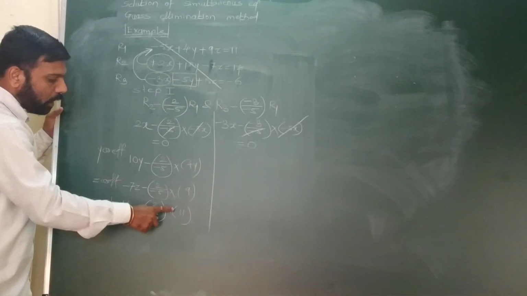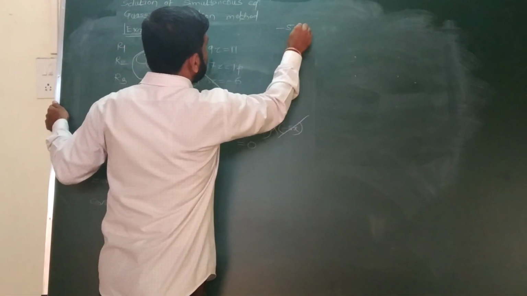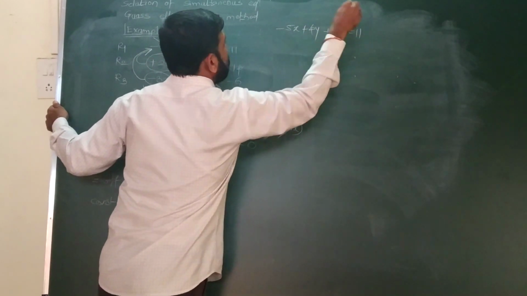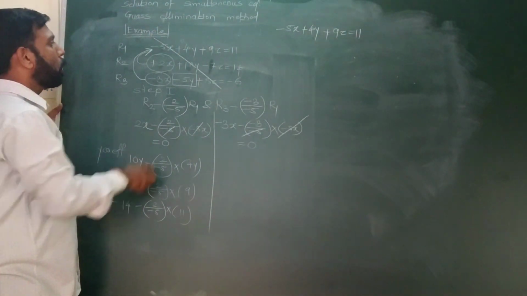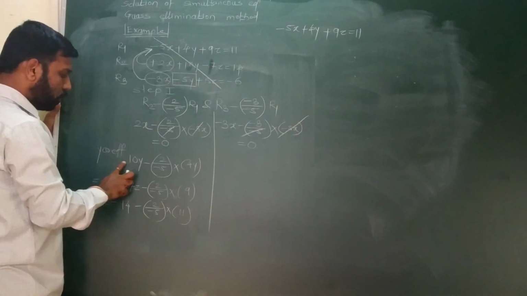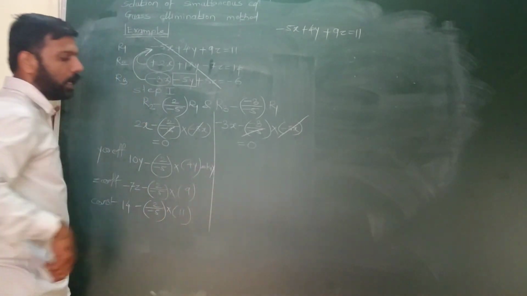So after these three calculations, we'll get the first equation the same. This is our first equation. In the second equation, this becomes 0. Now we got a change.